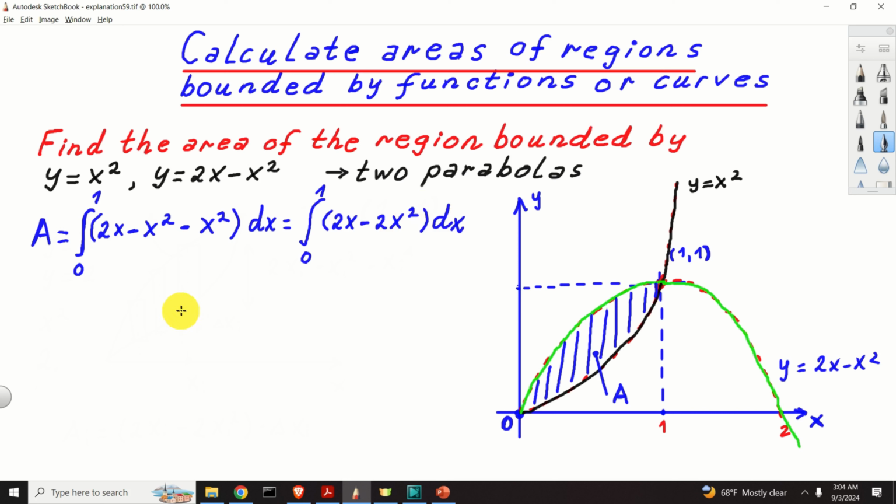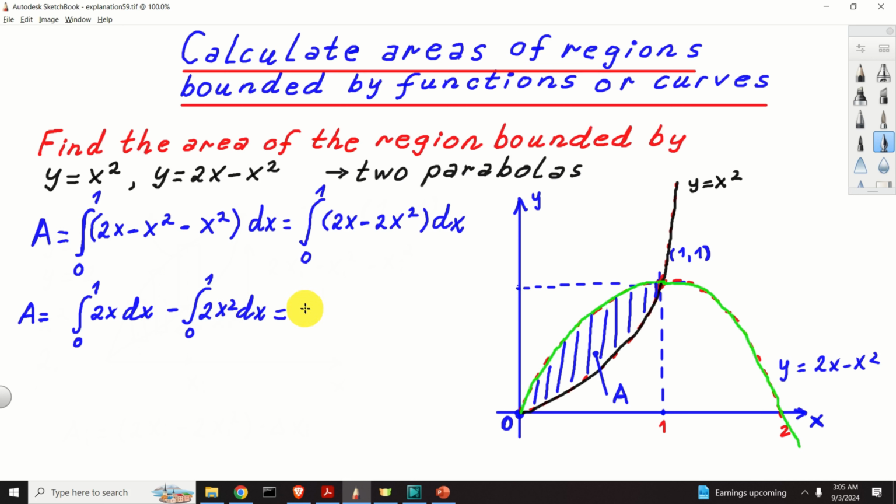Good. Let's continue. Let's solve this integral. We have that area A is equal to, now, we can integrate this term, then we can integrate this term. So let's write it over here. We have integral from 0 to 1, over here we will have 2x dx. Then we will have minus integral from 0 to 1, then we will have 2x squared dx.